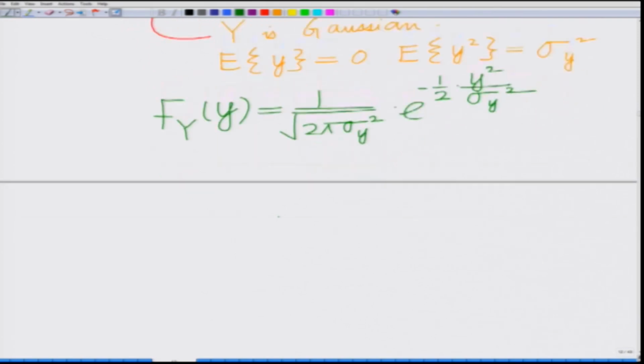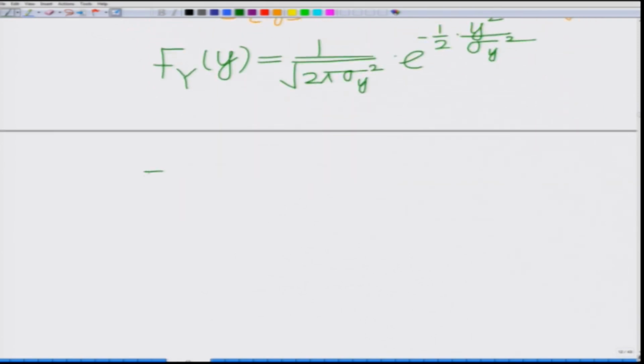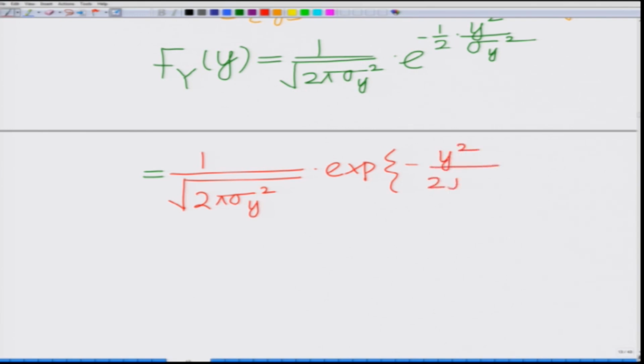I can also just write it denoting this e as exp. I can also write this as 1 over square root of 2 pi sigma y square times exp of minus y square divided by 2 sigma y square, where e raised to x is basically exp of x.